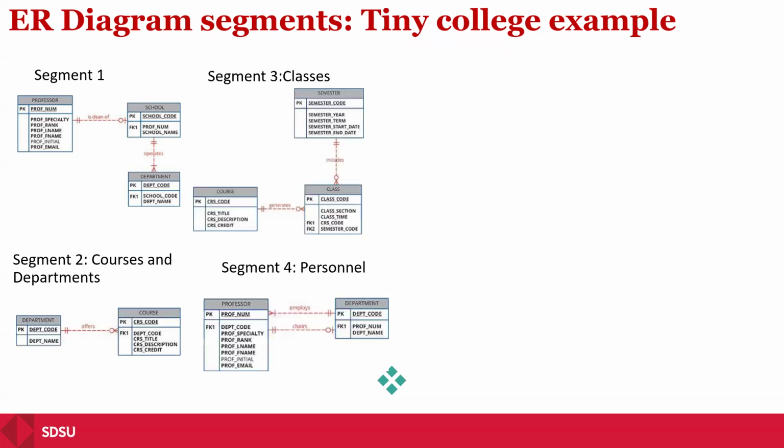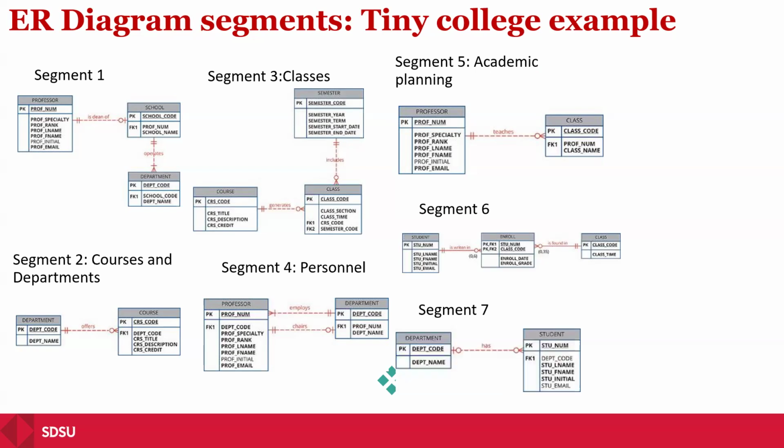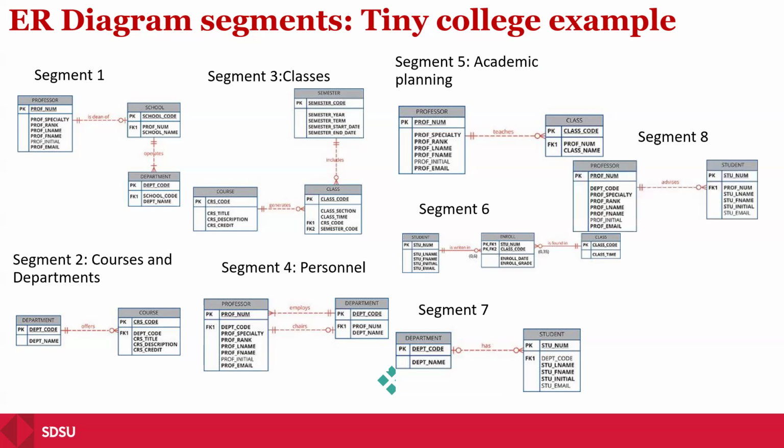Then we have classes, personnel, academic planning, enrollment, students assigned to different departments, and professors assigned to students. So there are multiple segments. Again, how we develop them: we just slice and dice requirements and develop the diagram for each segment. And as a result, there is also segment 9 here.